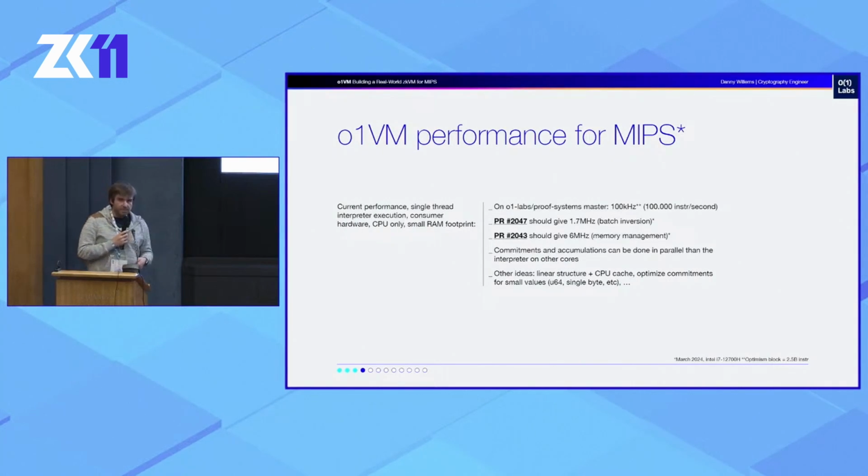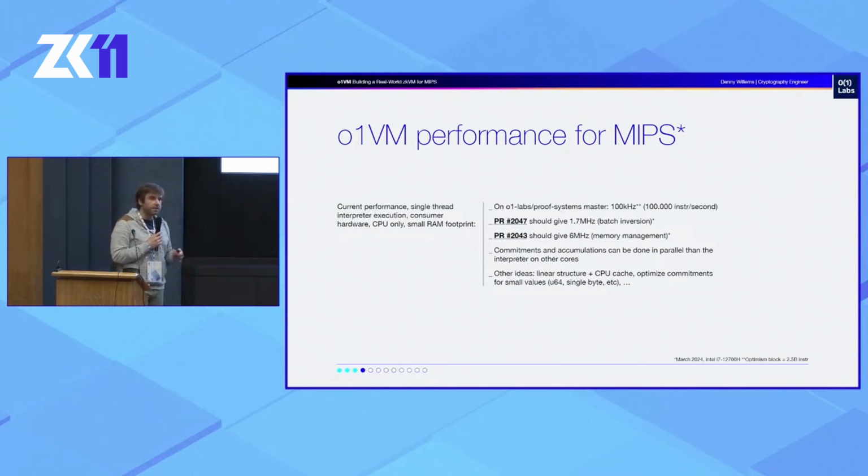Quickly about performances. At the moment, you can run it on consumer hardware, on any laptop. It's only CPU. It has a small RAM footprint at the moment, around 100 megabytes. And if you take the master branch of the o1Labs proof system repository, you're going to reach around 100 kilohertz.